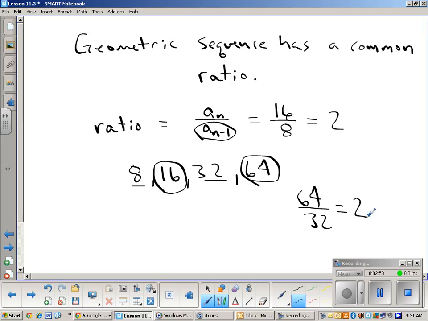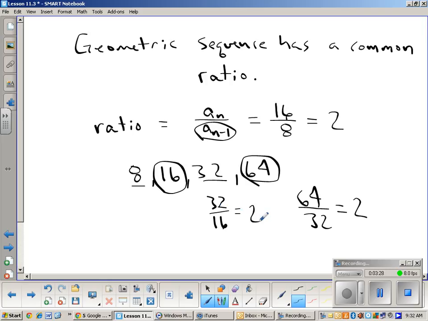Now if they ask you if the sequence is geometric, then this is how you would test it. You would have to divide a number by its previous term and get a common ratio, and then check it with another one. And to be absolutely certain, you'd have to check it with every term they give you. What's 32 divided by 16? 2.